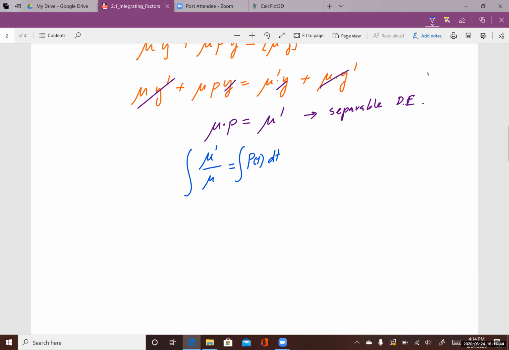Okay, and then I have natural log of mu equals the integral of p(t) dt, then mu equals e to the integral of p(t) dt.